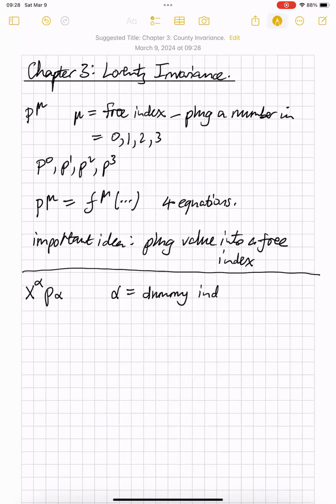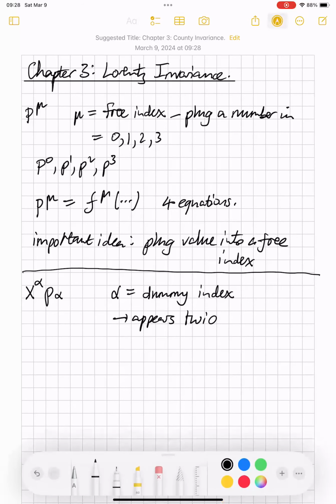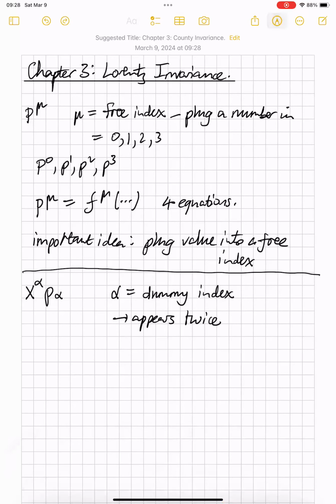Notice it appears twice, once as a subscript and once as a superscript. Or you could say it appears once as a covariant tensor and once as a contravariant tensor.